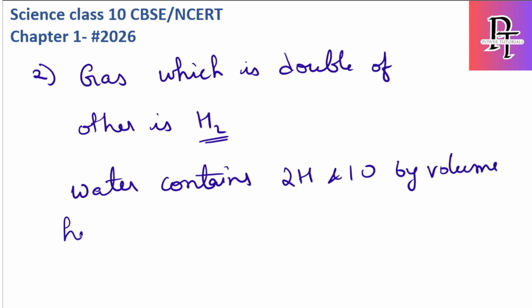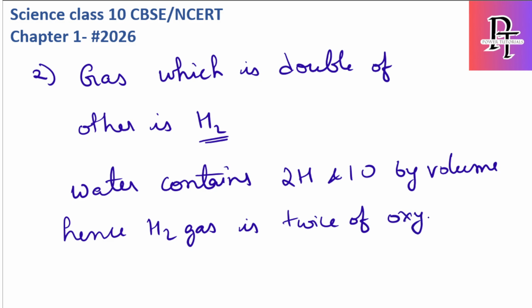Hence hydrogen gas is twice that of oxygen gas. Why? Because the water molecule formula is H2O. So 2 hydrogens, 1 oxygen. Okay, let's see the next one.